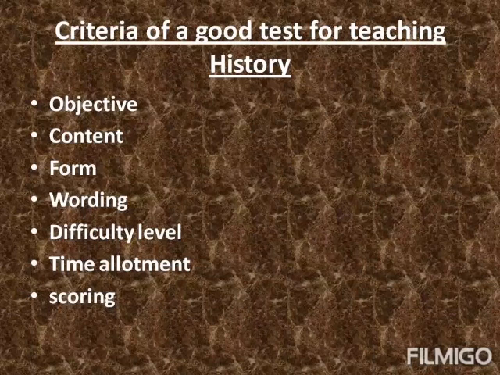First criteria is objective, and these questions should have validity. Second criteria is content. Content should be based on a topic or subtopic. Third, form. Test designer should select proper form, that is essay, short answer, or objective.